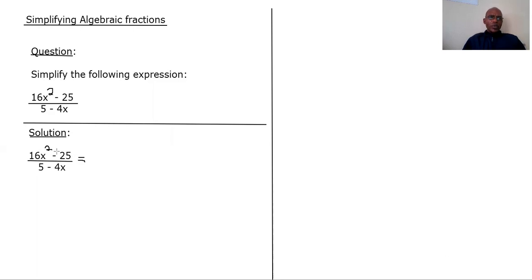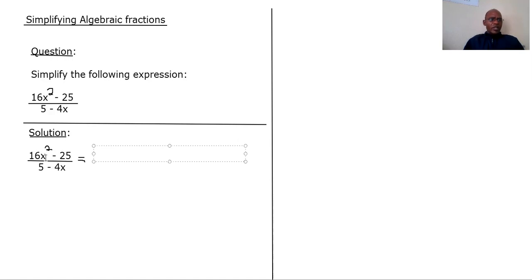Remember, whenever we are dealing with a difference of two squares, it is very easy. What we just have to do is simply to have brackets in place. Then we must know the number that we are squaring to come up with 16x squared.